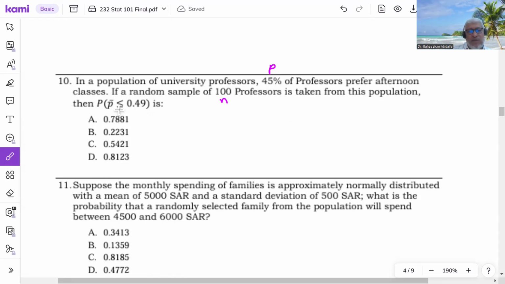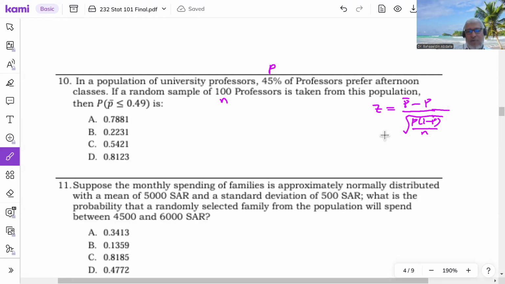To find this probability, we need to change P bar to Z. And we know that Z is equal to P bar minus P, which is the mean of the sample proportion, over the square root of P times 1 minus P over n. That's the formula where P is the population proportion and P bar is the sample proportion.